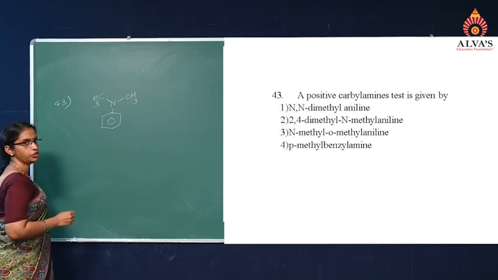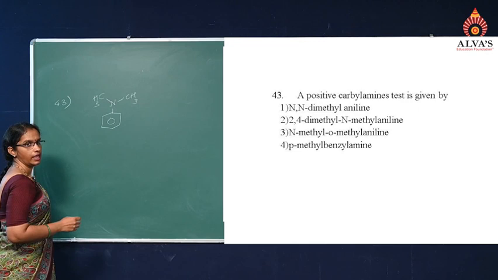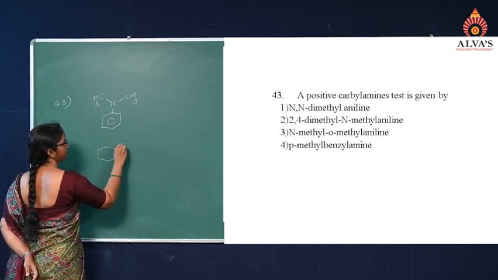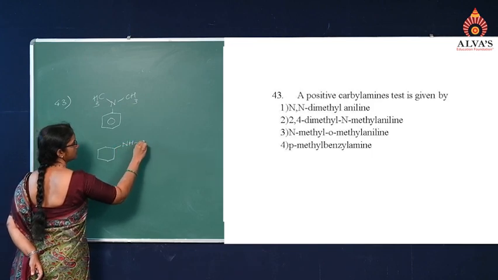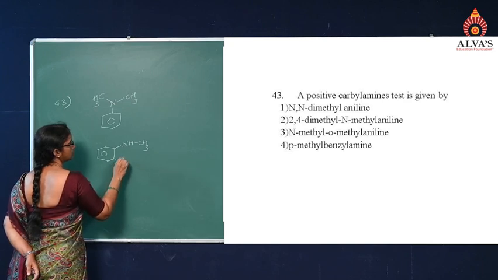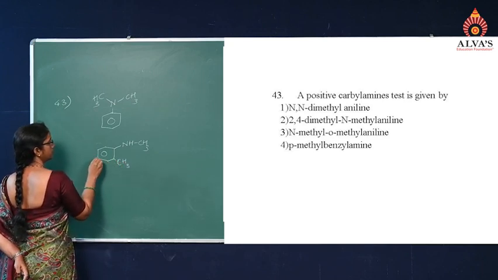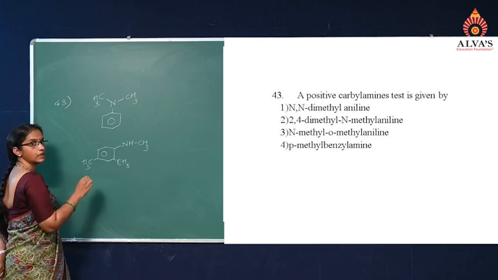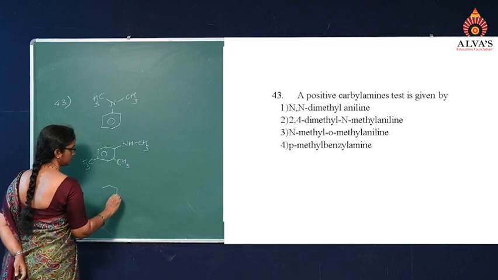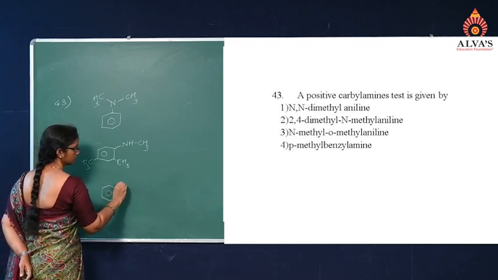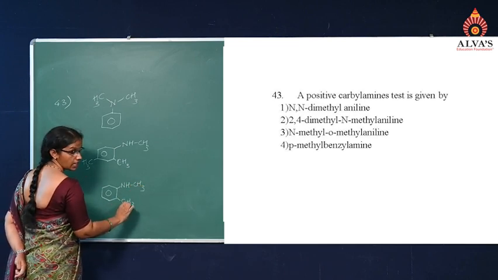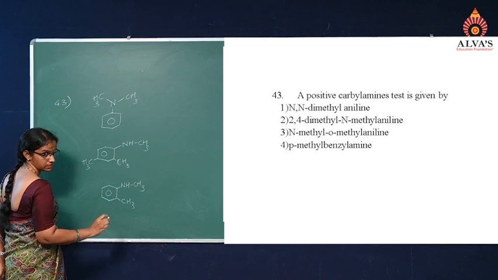Second option is 2,4-dimethyl N-methyl aniline, so it is NHCH3 and CH3. Then N-methyl o-methyl aniline, and last is p-methyl benzylamine.